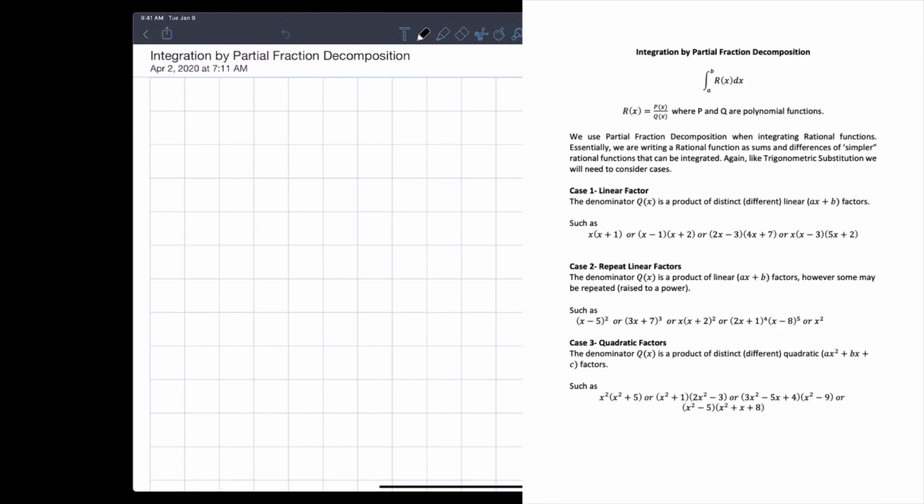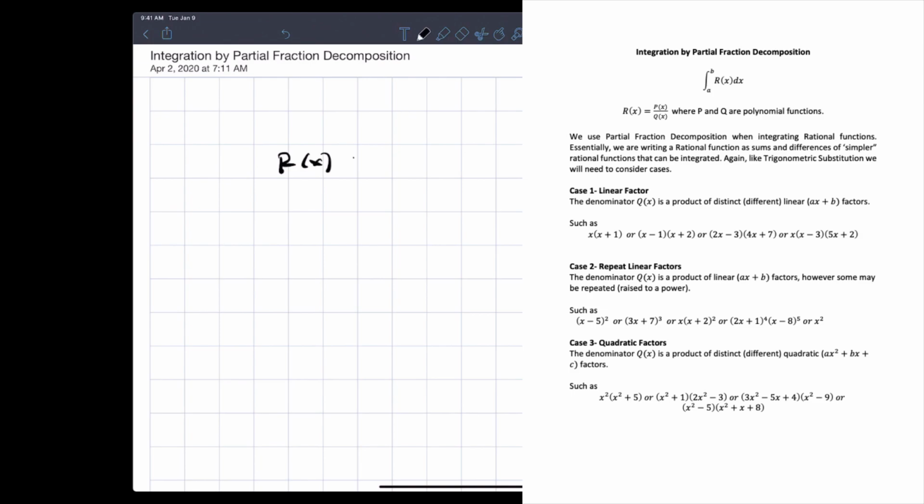Here's what I have written down for you. If you start to look at those notes, integration by partial fraction decomposition essentially is you have what's called a rational function. Now, a rational function simply is a function that is a fraction, and we designate that as r of x.